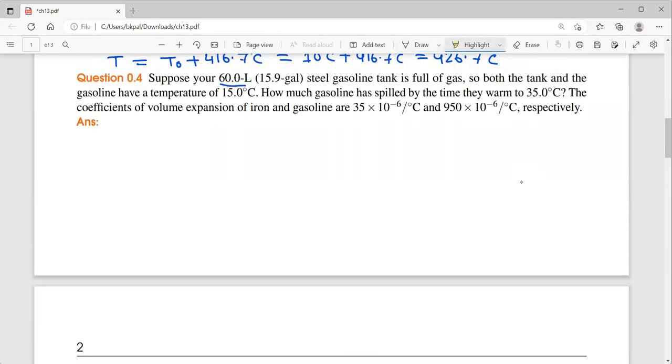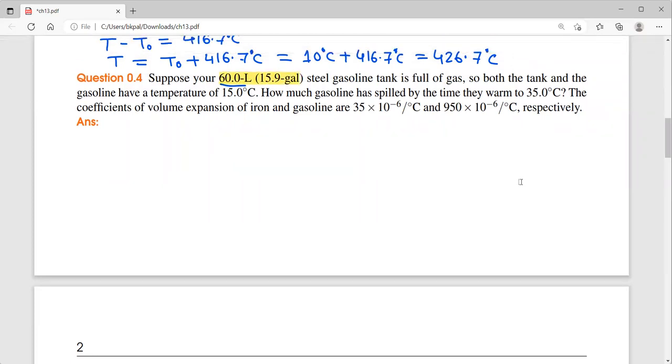We'll be using liters, not gallons. It's made of steel. So we have a 60-liter steel gasoline tank and it is full of gas. Inside the 60-liter tank, we have 60 liters of gasoline.